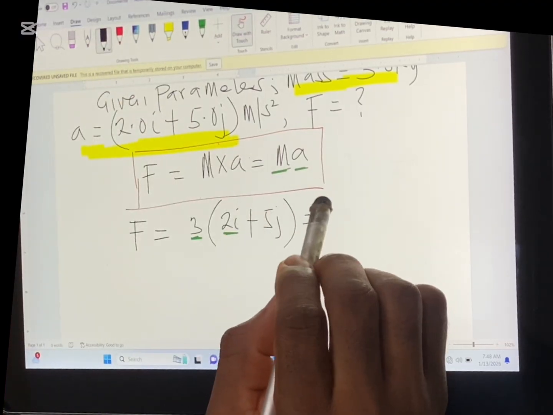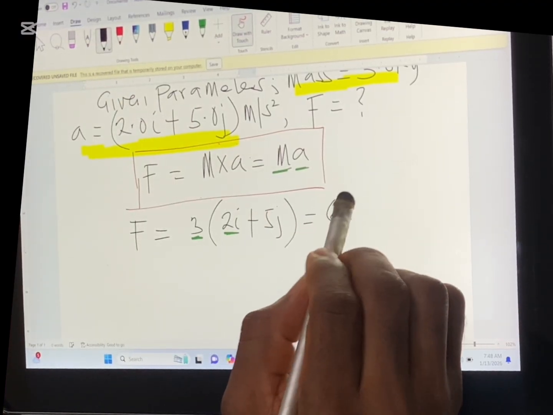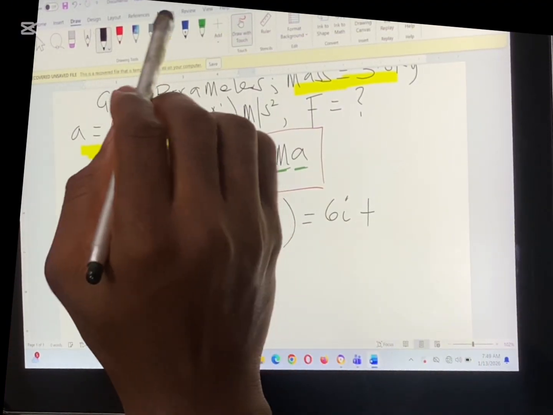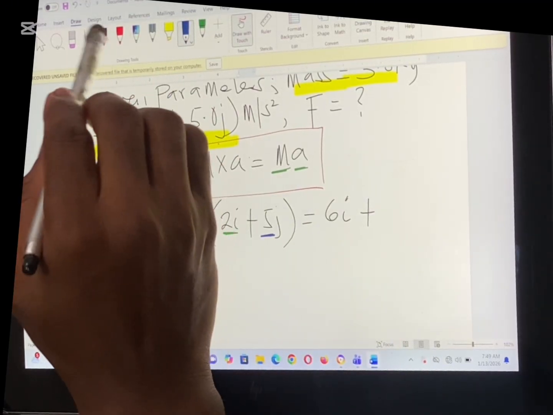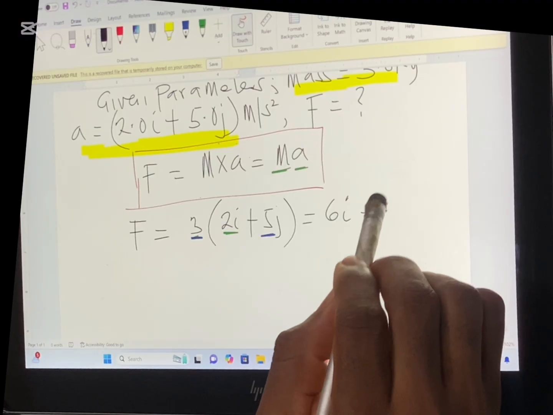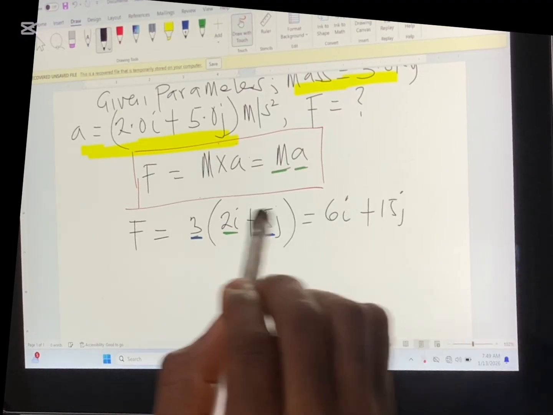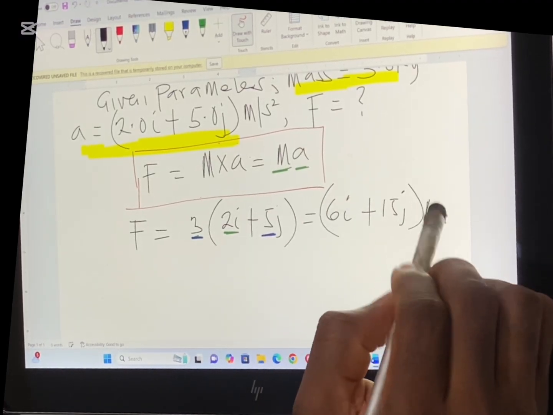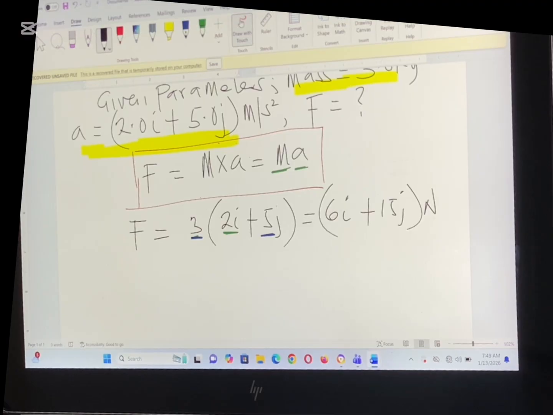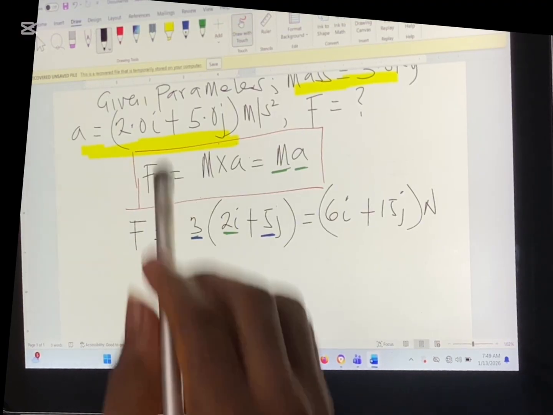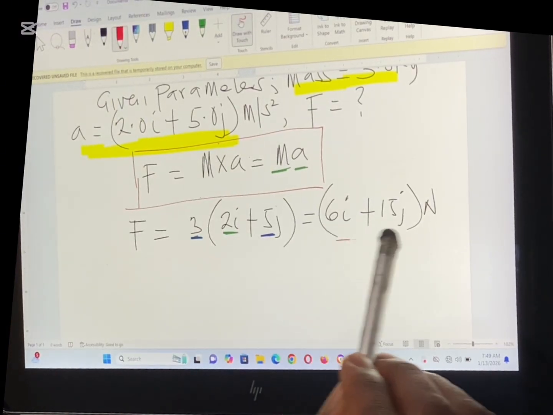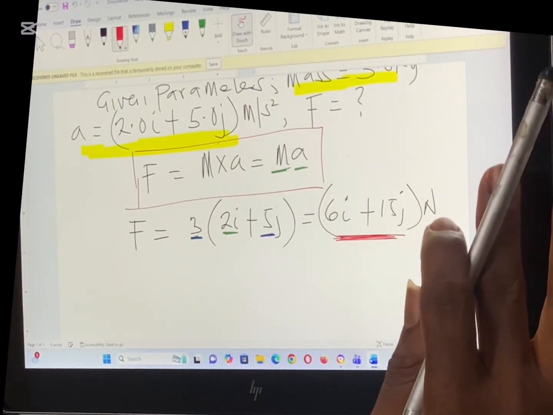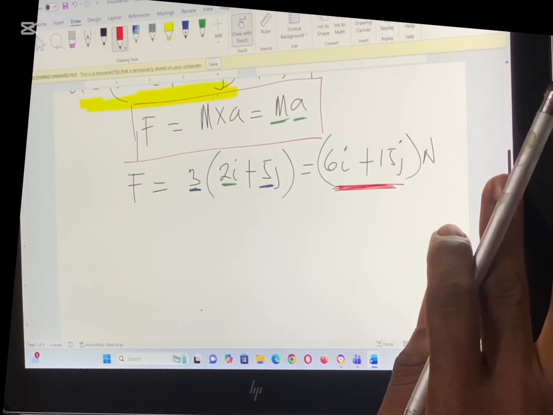When you do that, we have 6i plus, we multiply this, we have 15j. So this is our force, but this is not the magnitude of the force. We are asked to find the magnitude of this force.